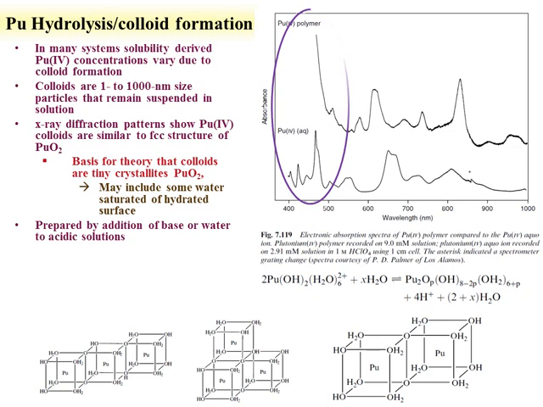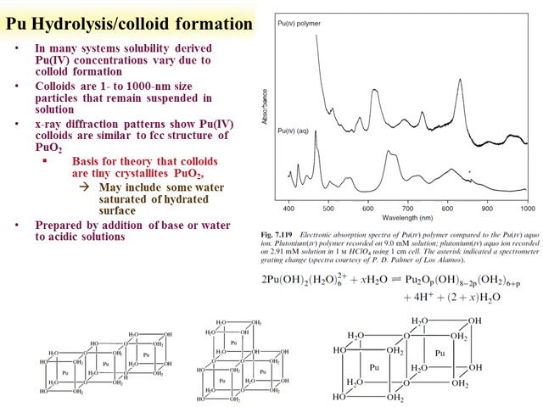So these colloids in solution can be thought of as extended hydrolysis products, actually extending all the way down to the dioxide. These particles are between 1 and 1,000 nanometers in size, depending upon the route of the experiment. X-ray diffraction shows that these plutonium-4 colloids have a face-centered cubic (FCC) structure, similar to plutonium dioxide.